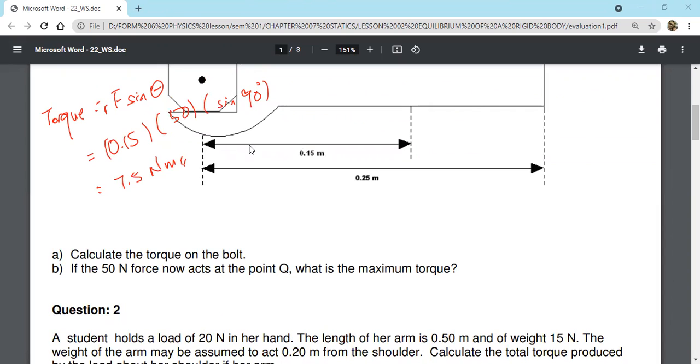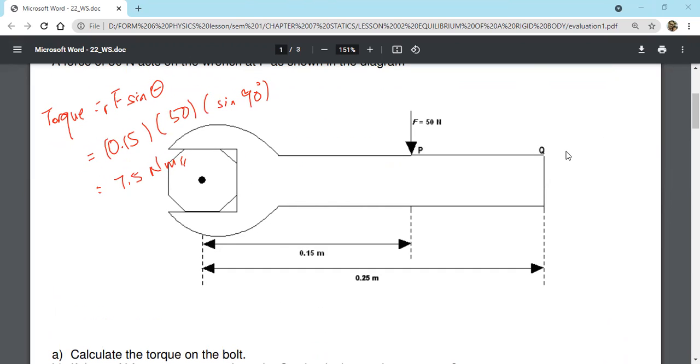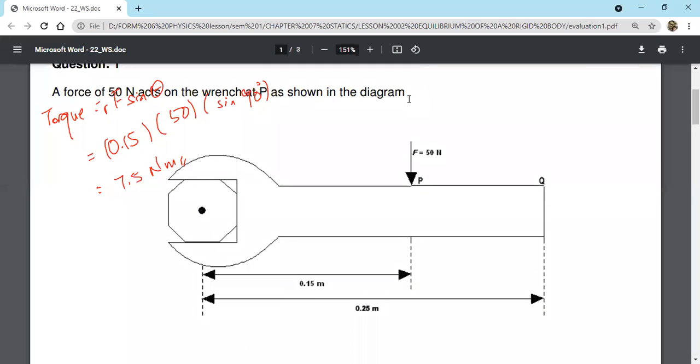Question number 2: if the 50 Newton force is now at point Q, what is the maximum torque? If the force is at Q, this point, with F equal to 50 Newton, same thing: torque equals r F sin theta. So what is the distance?